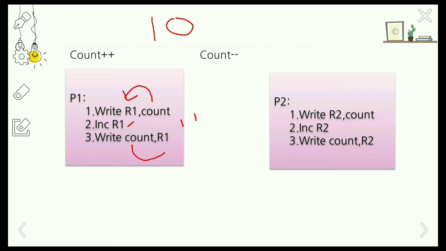Similarly, the count decrement operation is performed by the process P2. It copies the value of count to the register R2, then decrements the R2 value, and then writes the count value, that is, writes the R2 value to count.